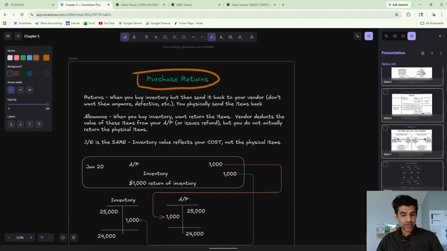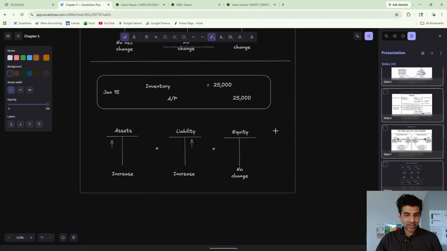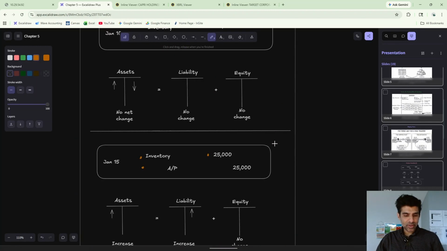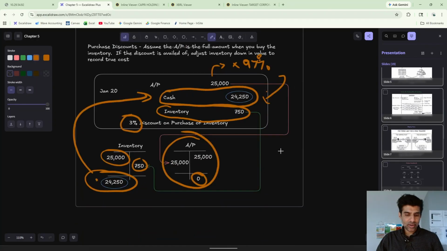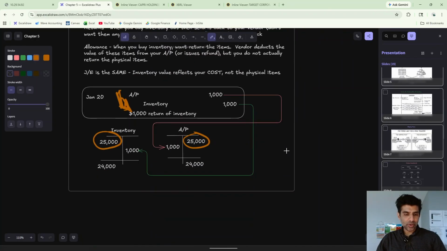You can see here, we initially bought 25,000. We're just going to swap the accounts. If you look up here, we have inventory debit, accounts payable credit. We're just going to swap those: accounts payable debit, inventory credit. You can see now that these are correctly lined up with how much they're supposed to be.